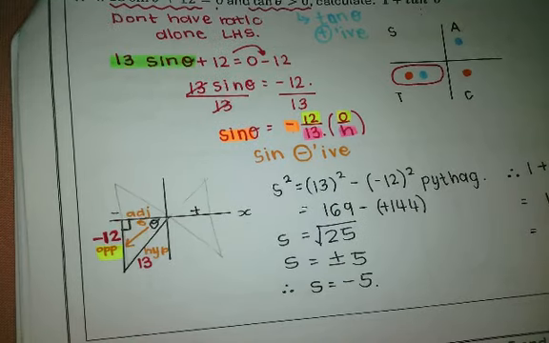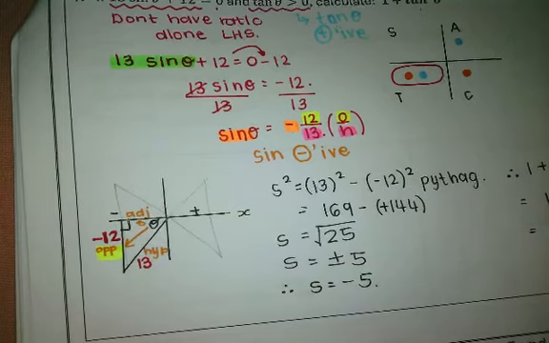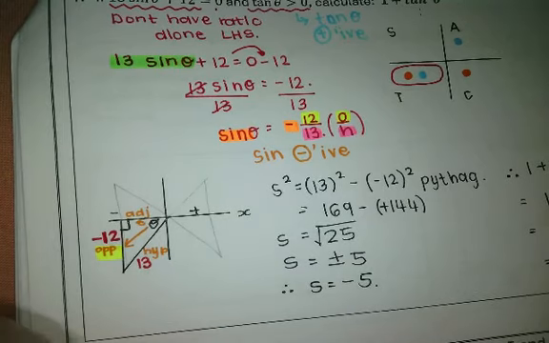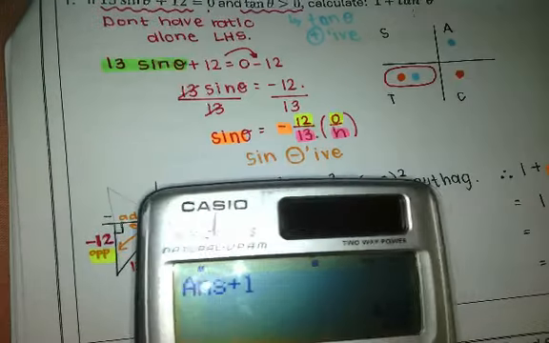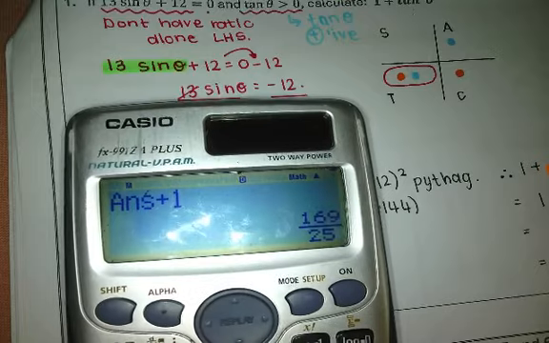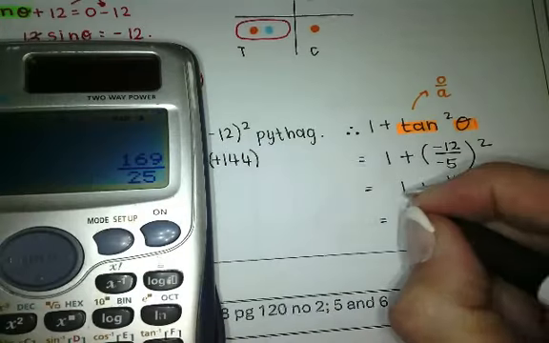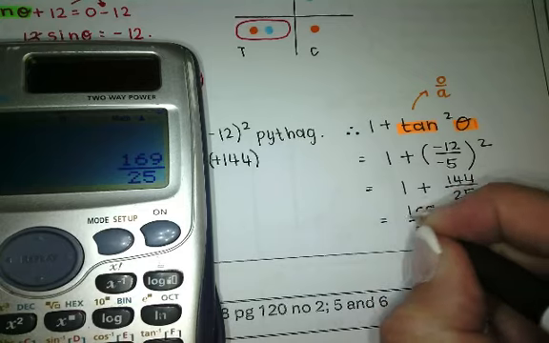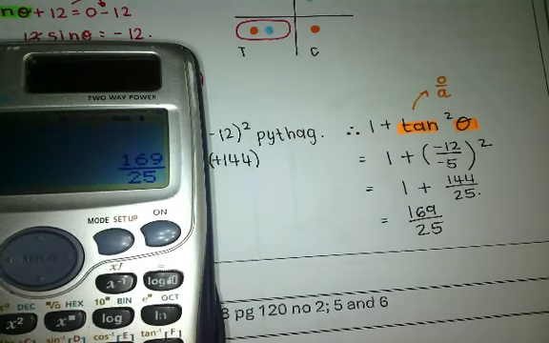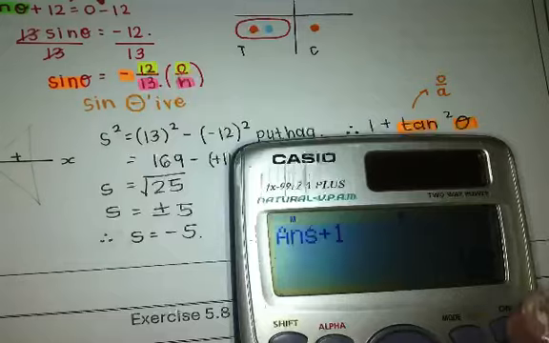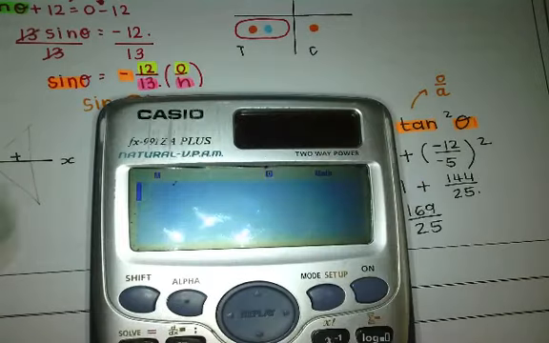Understand? If they asked us to calculate theta, we would have to shift to calculate the angle. Right, so it's plus 1, which is 169 over 25. Ma'am, is it 144 divided by 5 plus 1? Yes.